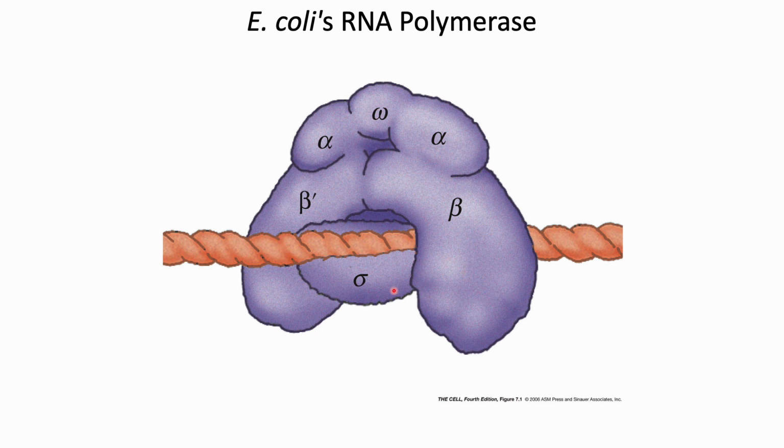Here you can see that E. coli has only one RNA polymerase and it is made up of 6 subunits, that is 6 different kinds of polypeptides: 2 alpha, that is alpha 2, beta, beta prime, omega and sigma. All these 6 subunits together make up the holoenzyme. However, this RNA polymerase without the sigma is called the core enzyme.